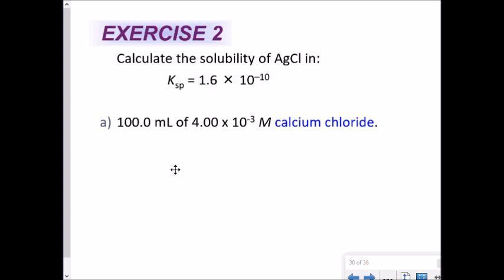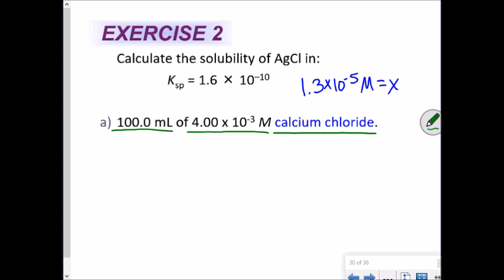Remember that? That was our molar solubility for silver chloride, from the previous problem. Okay. So if I introduce 100 milliliters of 4.00 times 10 to the minus 3 molar calcium chloride, how is that going to affect my solubility?